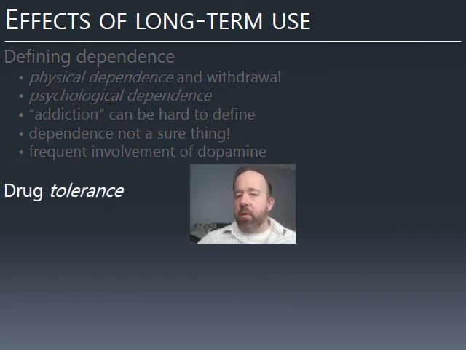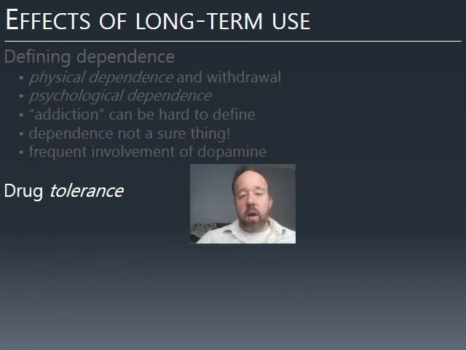There is the phenomenon of drug tolerance, and that describes the case when a person needs an increasing amount of the drug to get the same physical or psychological effect. And there are different reasons for why tolerance develops. We're not going to go into them. But basically, your body gets used to the drug being there, and it's better at breaking it down, or your neurons just aren't as sensitive to the drug anymore.